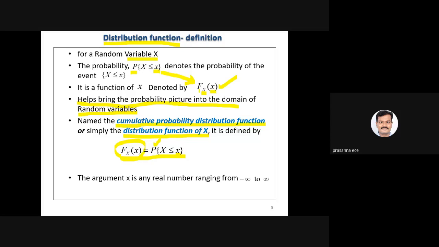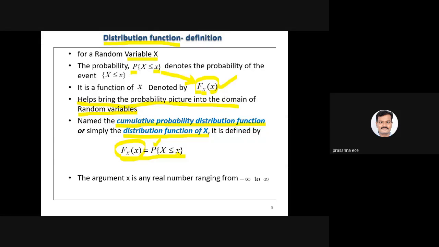Notice the capital F. All the distribution functions are denoted by capital letters, while density functions will be denoted by small letters. You have to be thorough with the notation so that we can avoid confusion later on. Most of the things in this chapter will be based on notations, so please focus on them and avoid mistakes later.